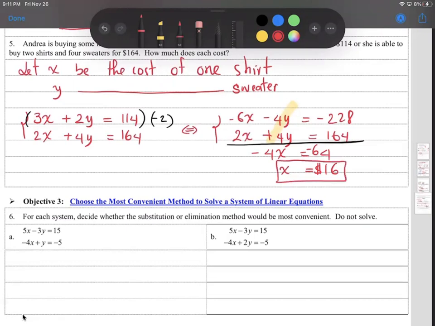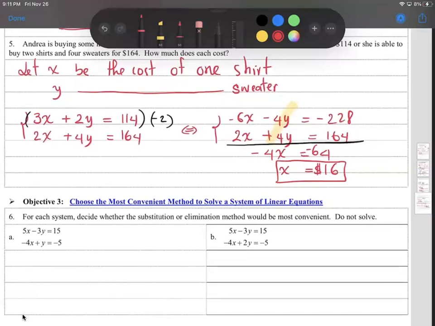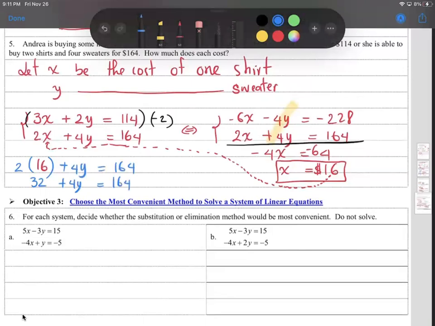And then plug it back into the original. I'll plug it back into the bottom because it's easier for me to write. So I get 2 times 16 plus 4y equals 164. 2 times 16 is 32, plus 4y equals 164.